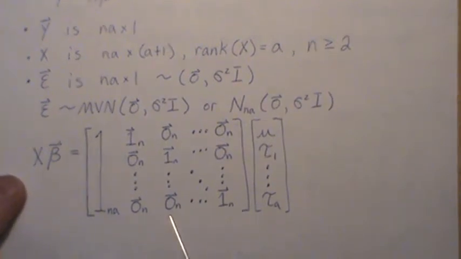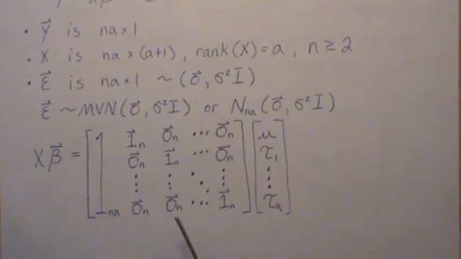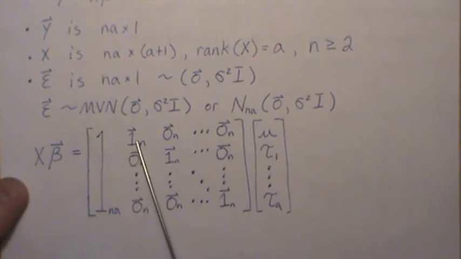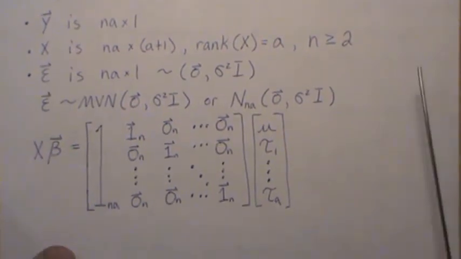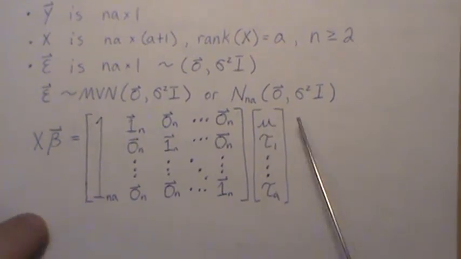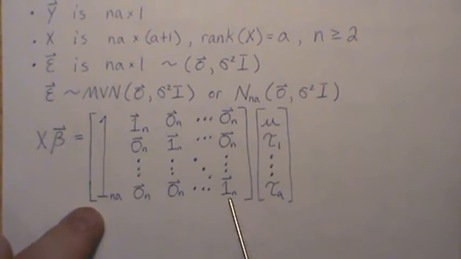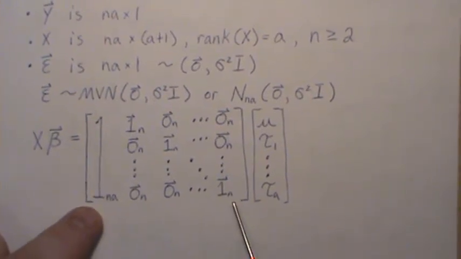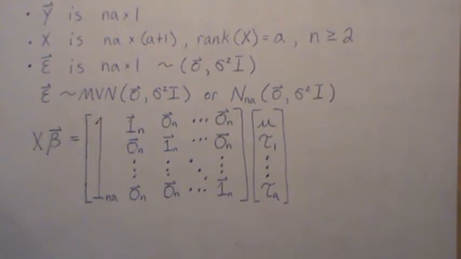Notice that if we add up these A columns, so column 2 through column A plus 1, it equals this. So it's not full column rank, but it's rank A. And here's a point that will be made later. If we take the span of this matrix X and create all possible combinations of the columns, we get some sort of vector space.